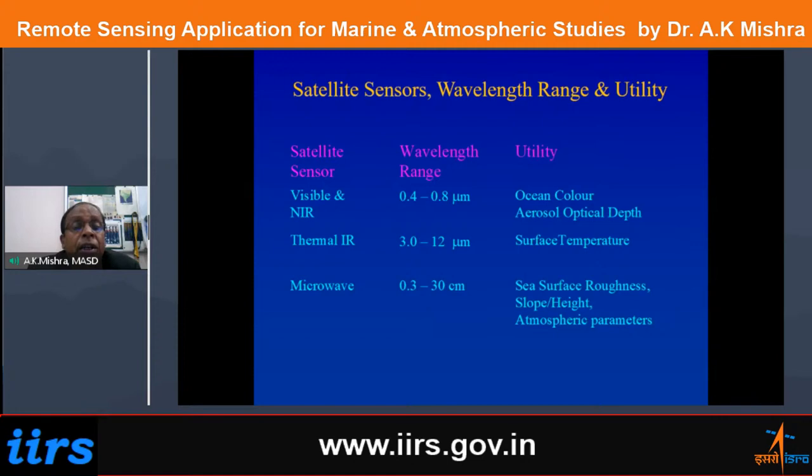And thermal infrared will give you information about the sea surface temperature, and the wavelength range is around 3 to 12 micrometer. Then comes active microwave sensor, that is 0.3 to 30 centimeter, which gives you information about sea surface roughness, slope and height, and all other atmospheric parameters.